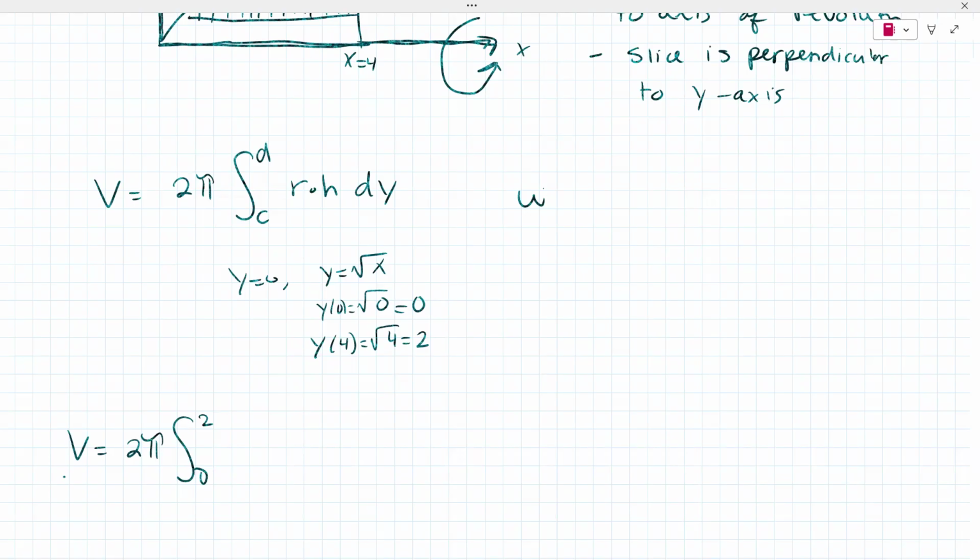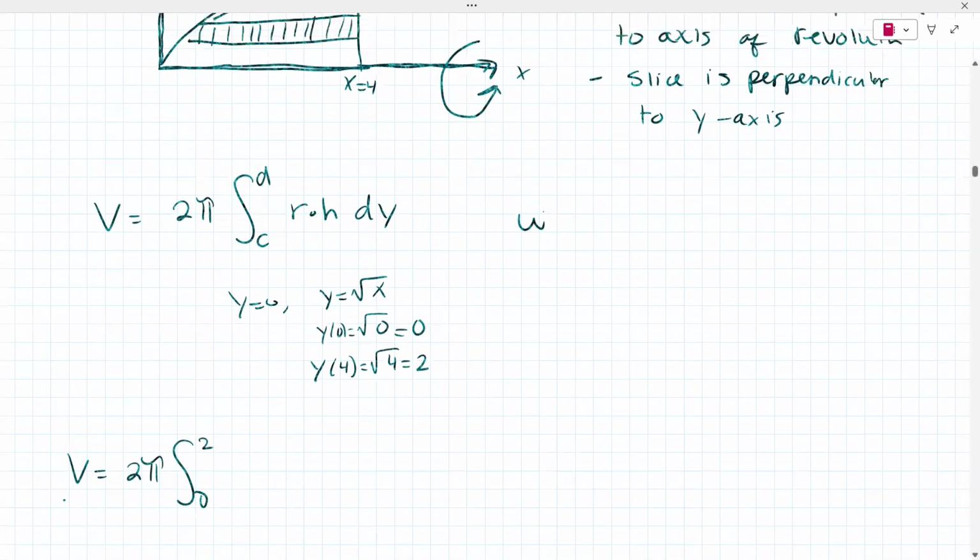Okay, and then the r. How do you find the radius? The radius is the distance from the slice to the axis of revolution.